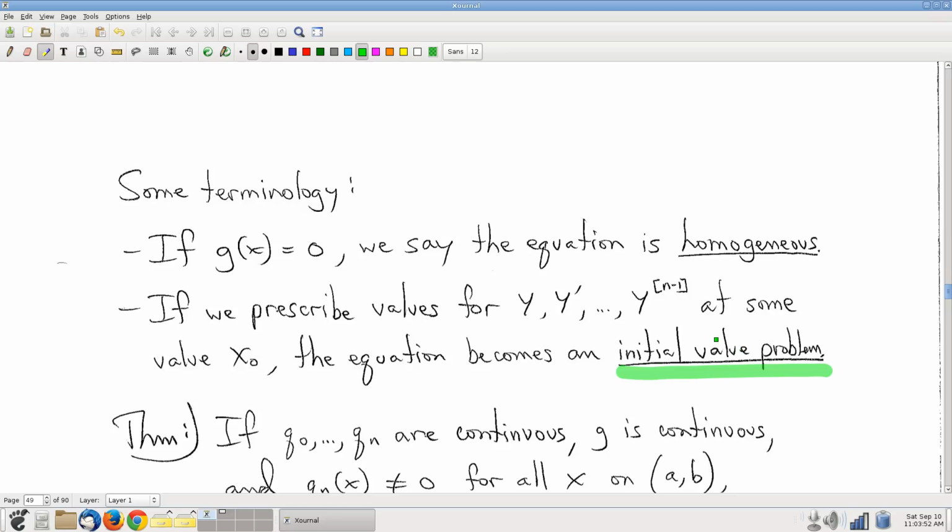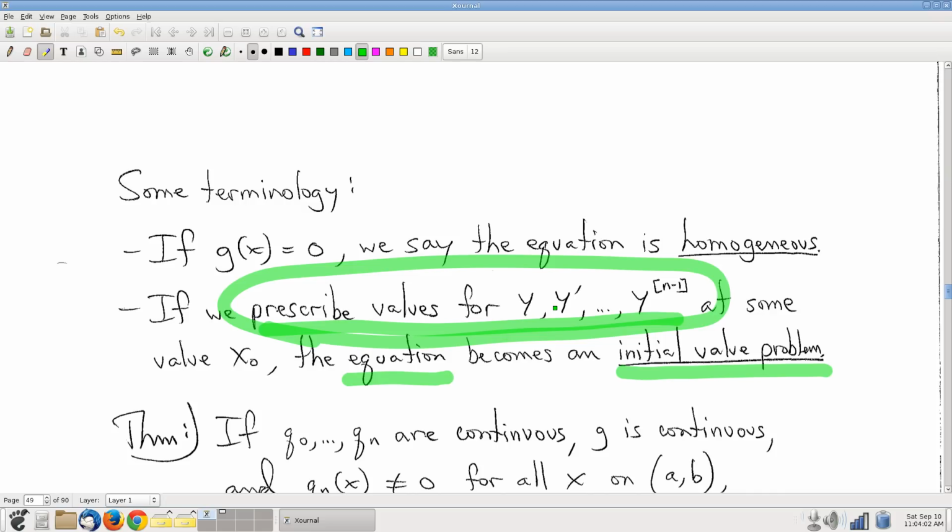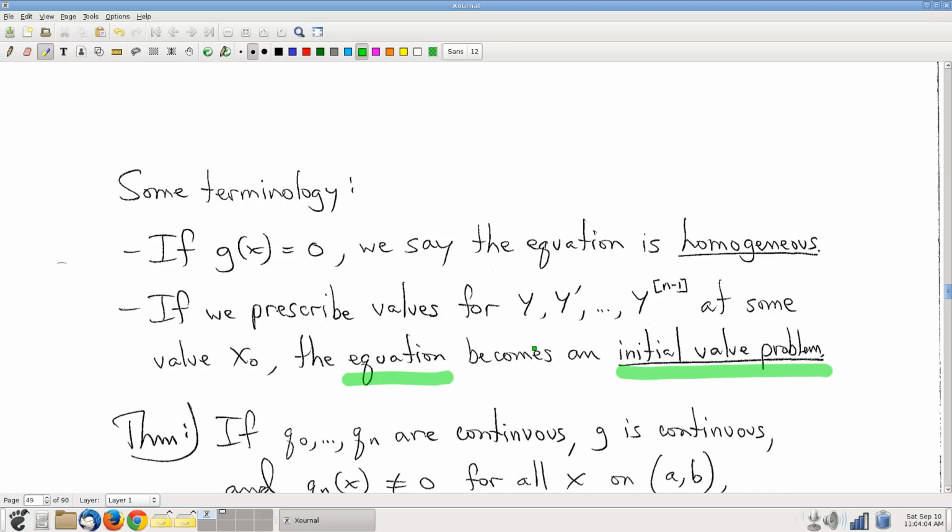An initial value problem is the pair of a differential equation and prescribed values. We'll talk in a moment about why it is that we have to prescribe more than just the value of the function y. We have to prescribe values of y and y prime and all the way up to the n-1 derivative.